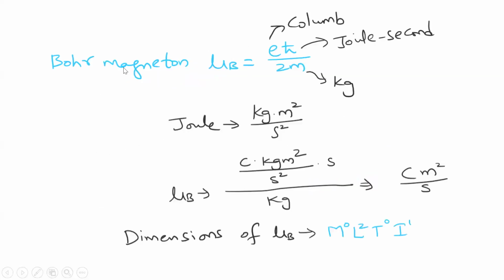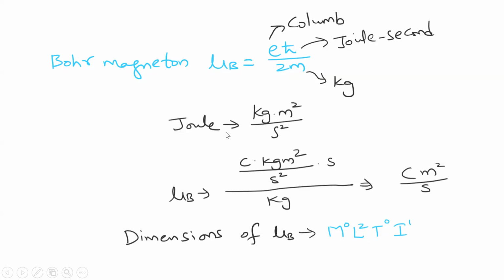Similarly, Bohr magneton: mu b is equal to e h cross by 2m. Here e has unit Coulomb, reduced Planck constant has the same unit as Planck's constant, Joule second, and m is kg. Now Joule is the unit of work.